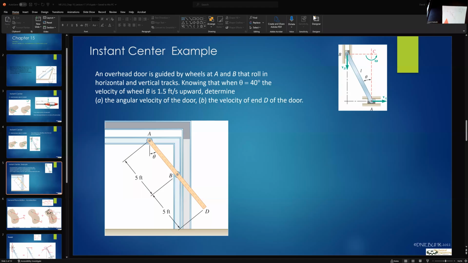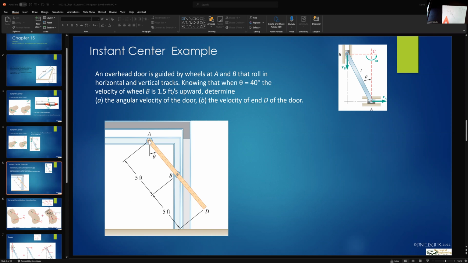As you look at this problem, I would pause now and draw the sketch. Now, as I said, the instant center is, as the name implies, instant. So it only applies for the snapshot in time that you're analyzing the problem. Generally, it's constantly moving, which makes sense. So looking at this, you can maybe get an idea of where the instant center is going to be.